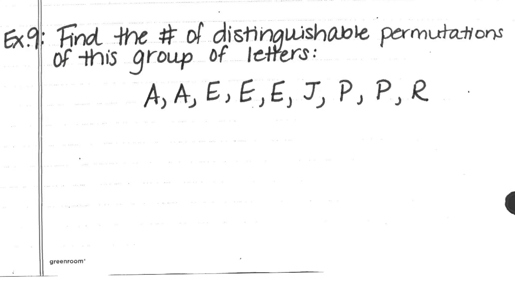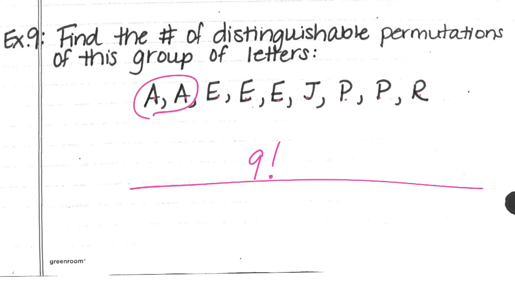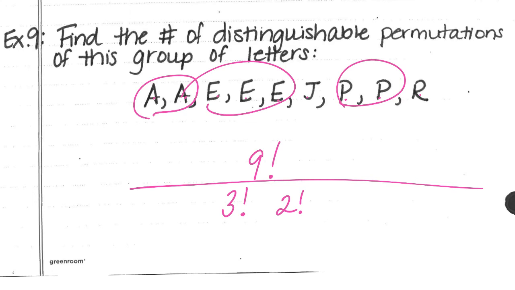All right, it says find the number of distinguishable permutations of this group of letters: AA, EEE, J, PP, RR. So let's write what we'll need. How many letters total? 1, 2, 3, 4, 5, 6, 7, 8, 9 factorial. And then I have a 2 factorial here, a 3 factorial here, and a 2 factorial here.